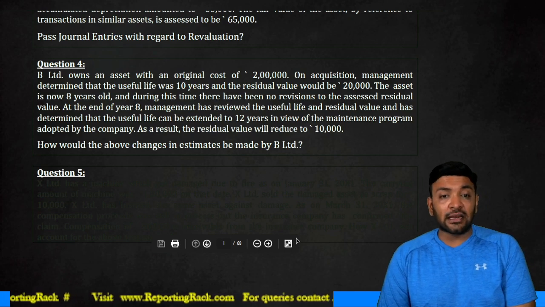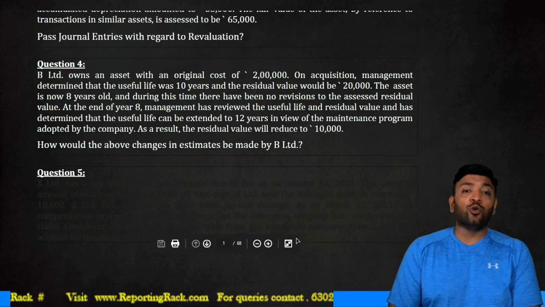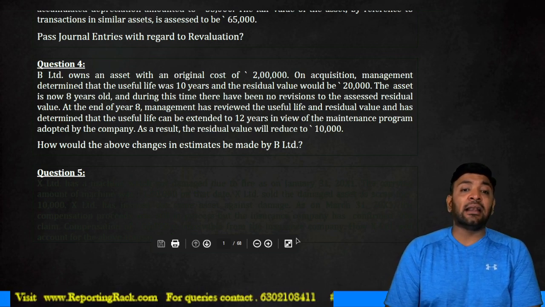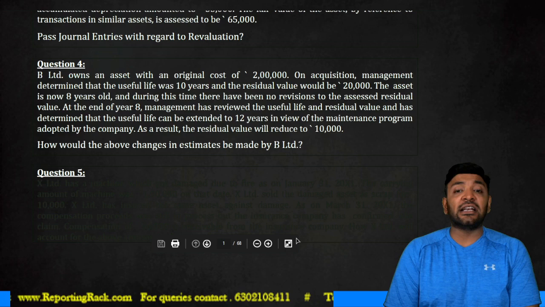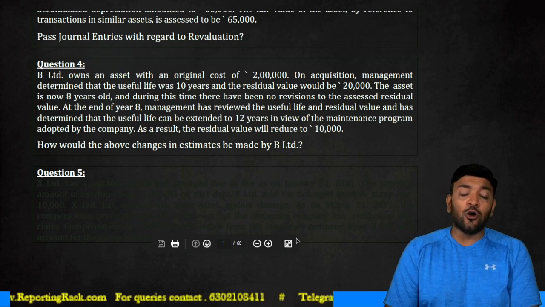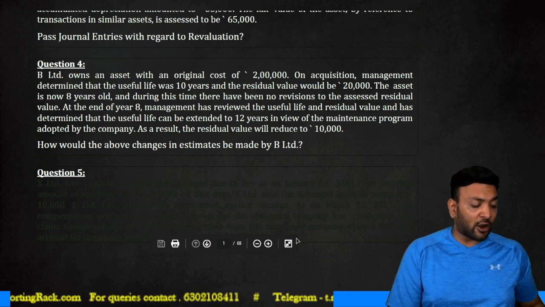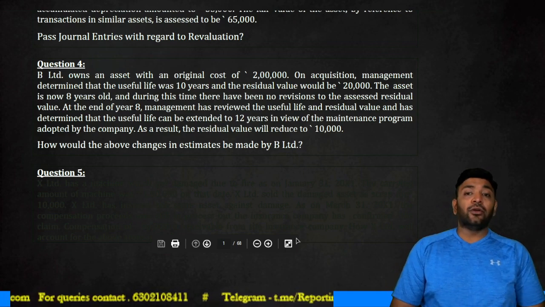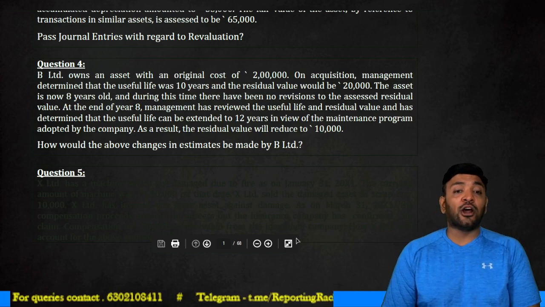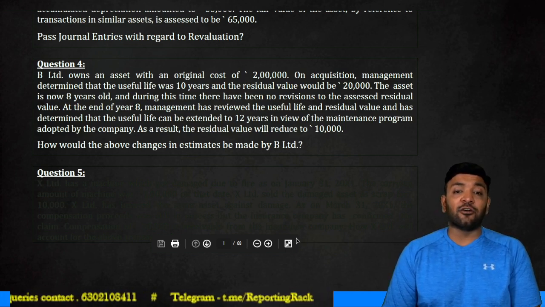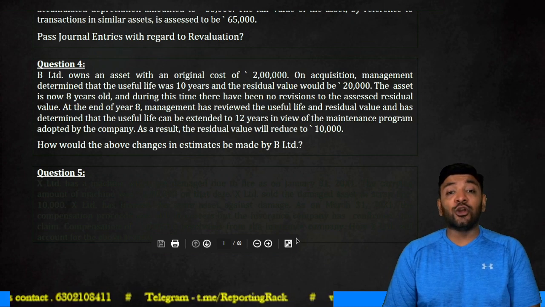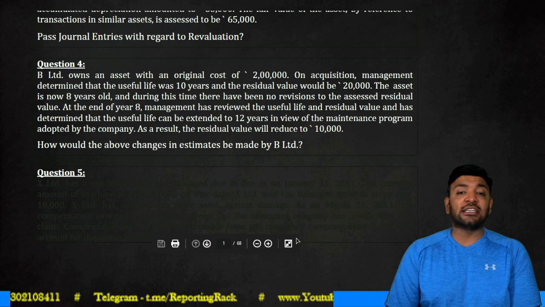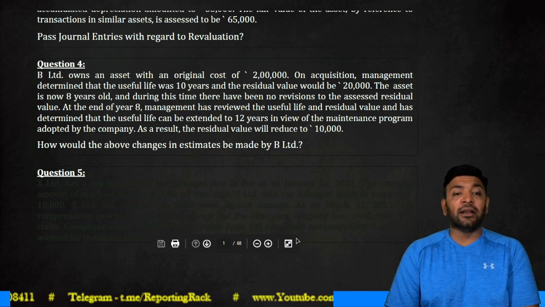At the end of year 8, the management has reviewed the useful life and the residual value and has determined that the useful life can be extended to 12 years in view of the maintenance program adopted by the company, as a result of which the residual value will reduce to 10,000. How will the above change in estimates be made by B Limited?